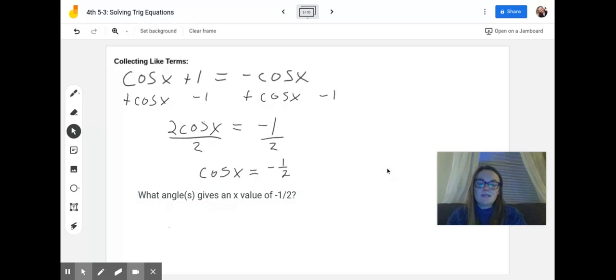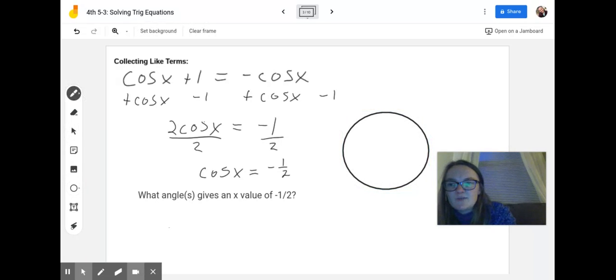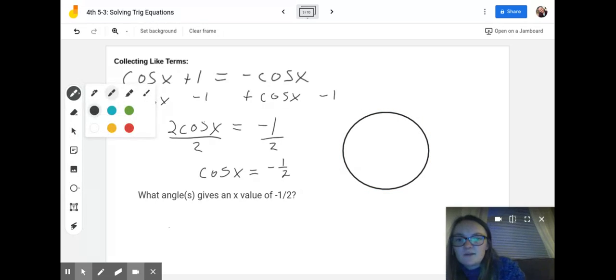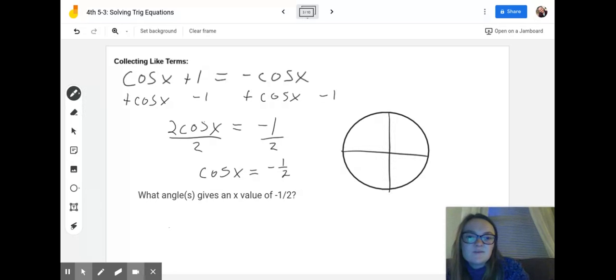That's really what this is saying. So let's get our unit circles out and see, when do I have an x value of negative a half? Well, I have an x value of negative a half here and here. This is happening at 2 pi over 3, and it's happening at 4 pi over 3.